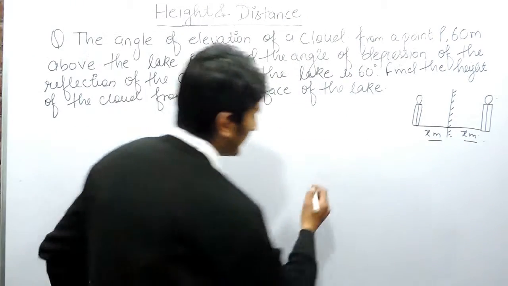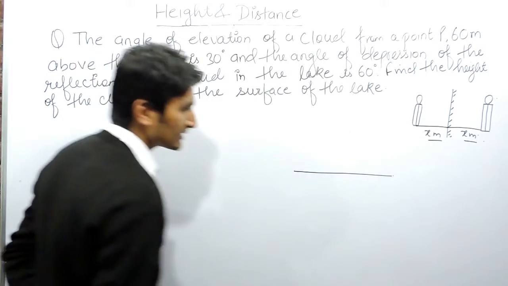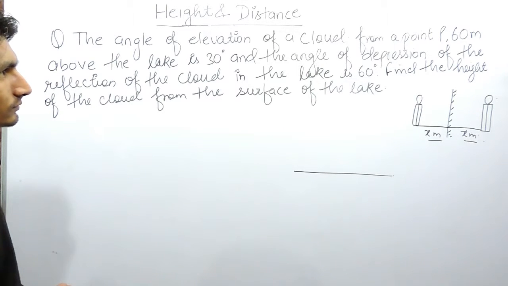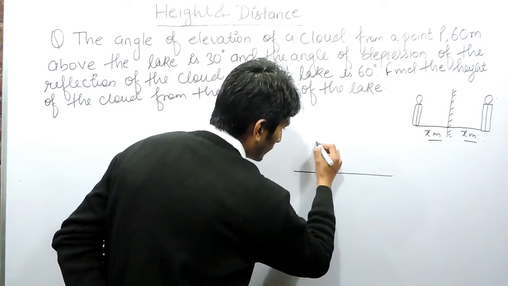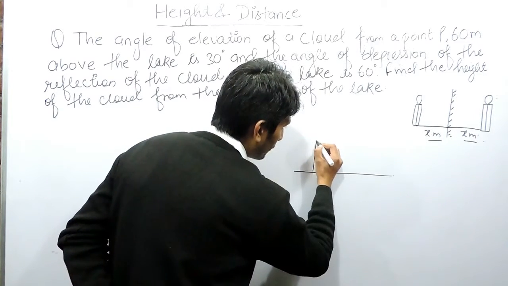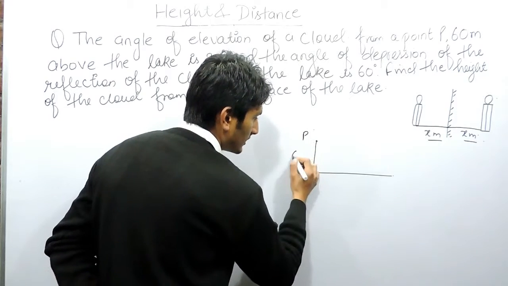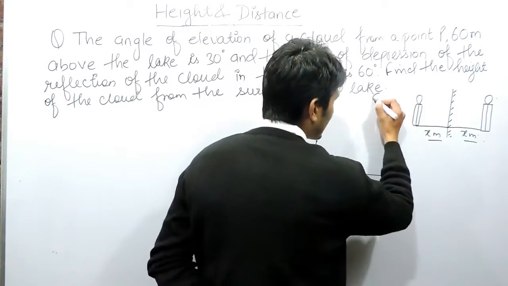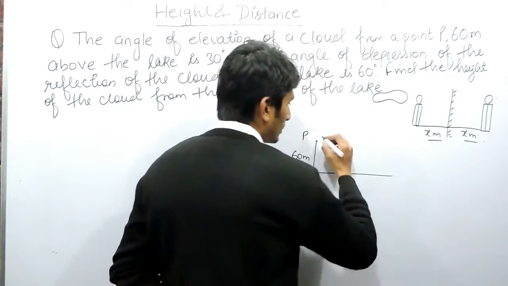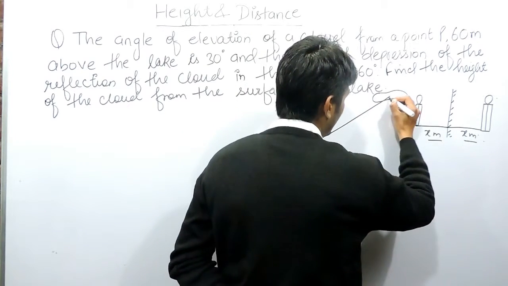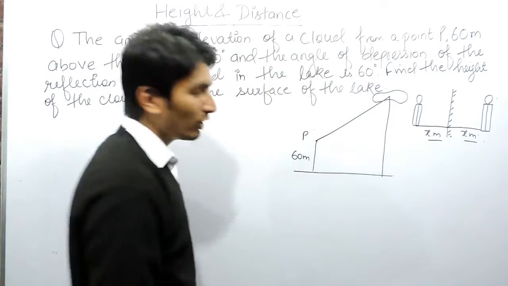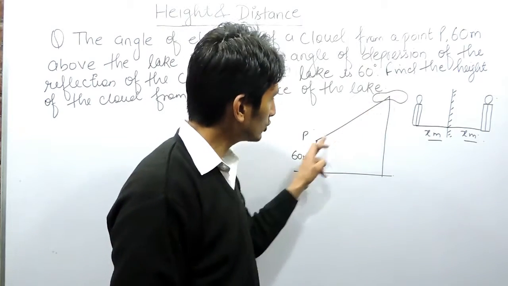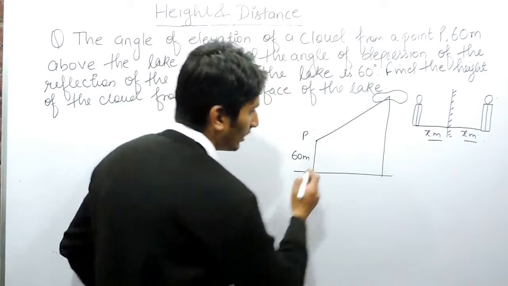Here there is a lake. Let's suppose this is the surface of the lake, and it is given that 60 meters above the lake there is a point P. From this point P, if I see a cloud, let's suppose this is the cloud, then the angle of elevation is the angle between the line of sight and the horizontal.